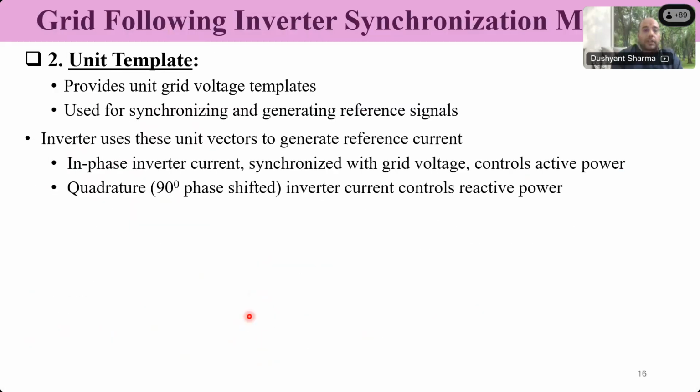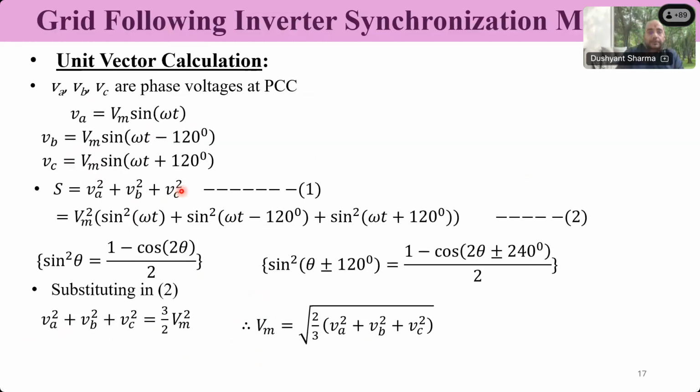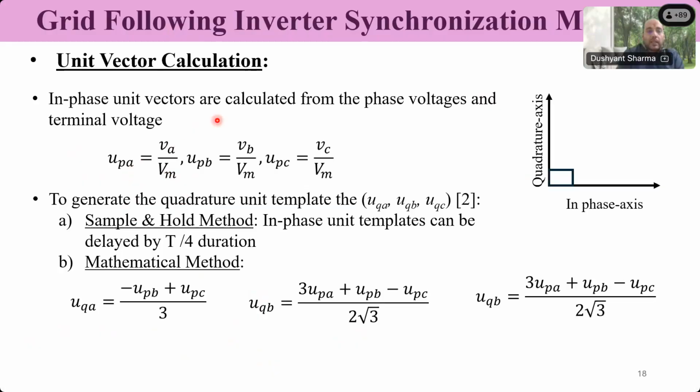This Vm quantity, if we divide like this, actual voltage divided by Vm, will give me the unit vector in A phase. Vb divided by Vm, unit vector in B phase. Vc divided by Vm will give me unit vector in C phase.